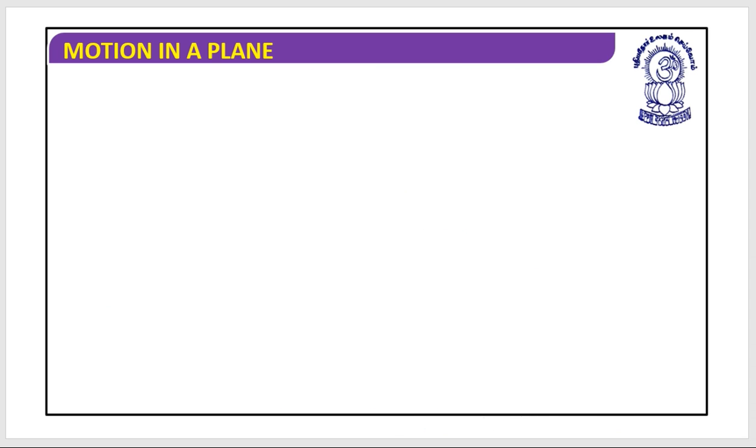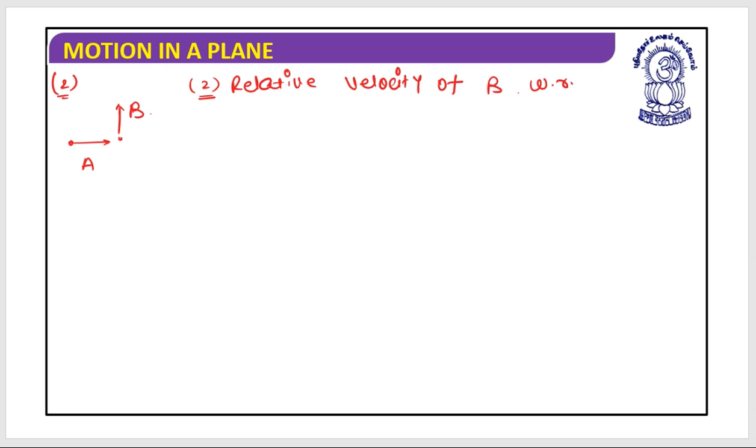So now let's work on the second question. This was the situation. This is A, this is B. What do I require? Now I require the relative velocity of B with respect to A. This is my requirement.